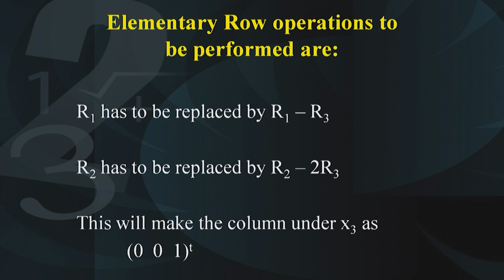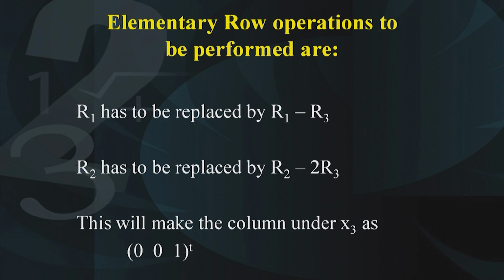Similarly, R2 has to be replaced by R2 minus 2R3, and what will happen? This will make the pivot column 0, 0 and 1 under the x3 variable.